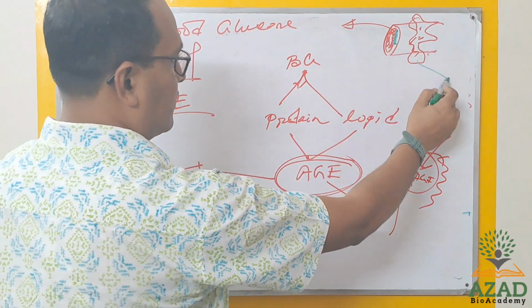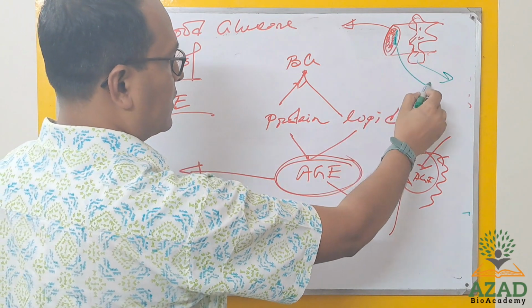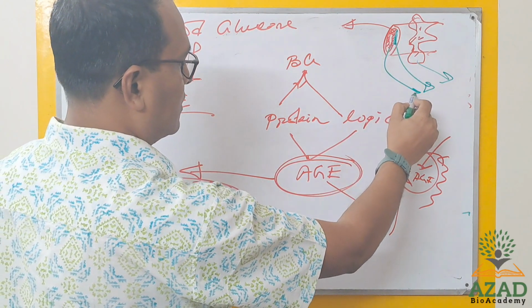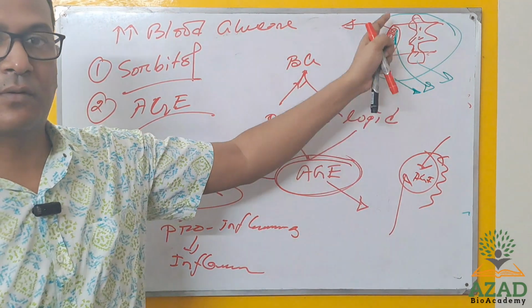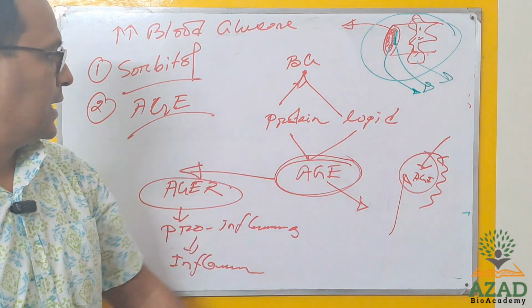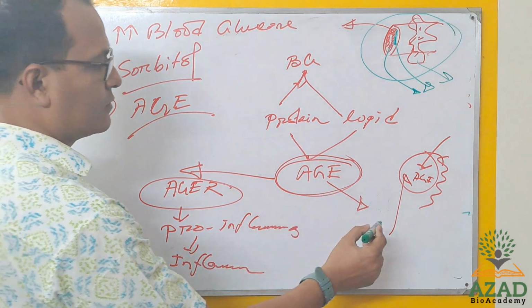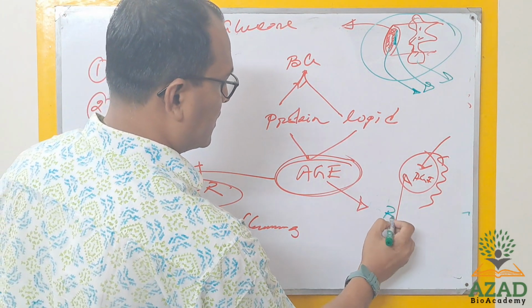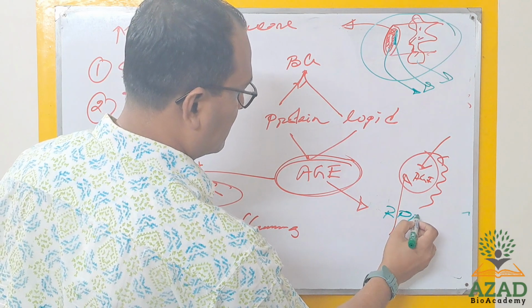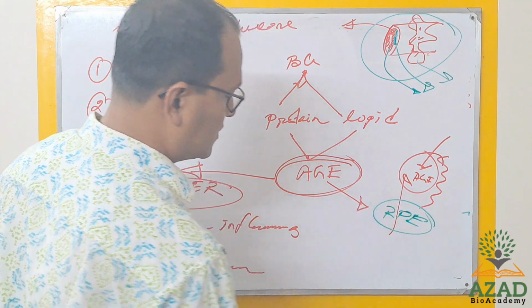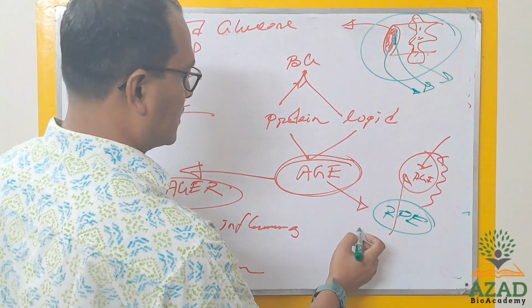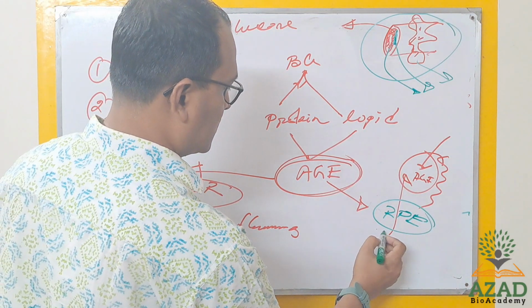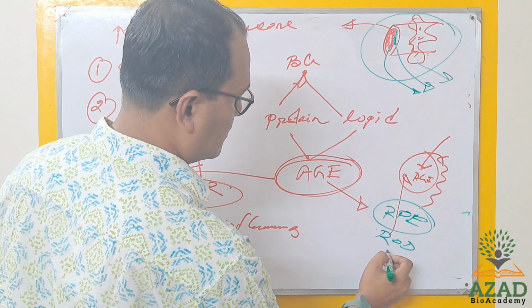The pericyte can be affected, your basement membrane can be affected, the endothelium layer can be affected, the blood vessels. So this is the vascular problem. And AGE can form in your retinal pigmental epithelial layer, that is your pigmental layer. That can also happen in the photoreceptors, that is rod cell or cone cell.